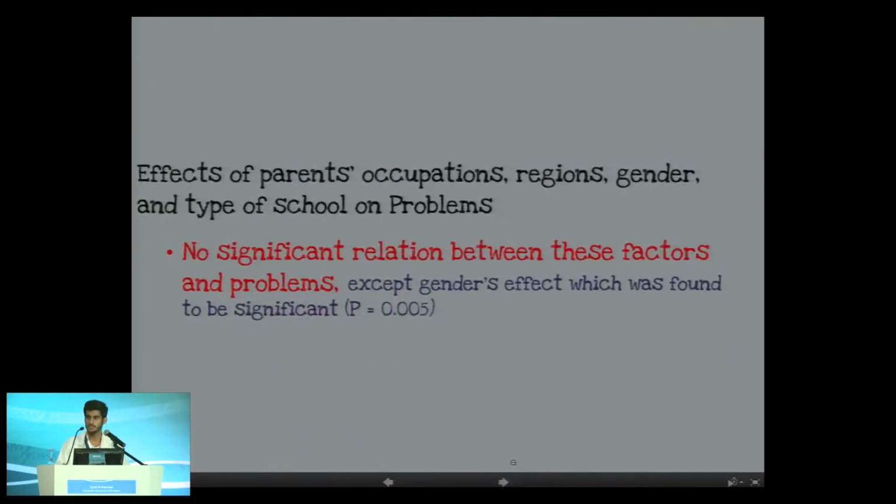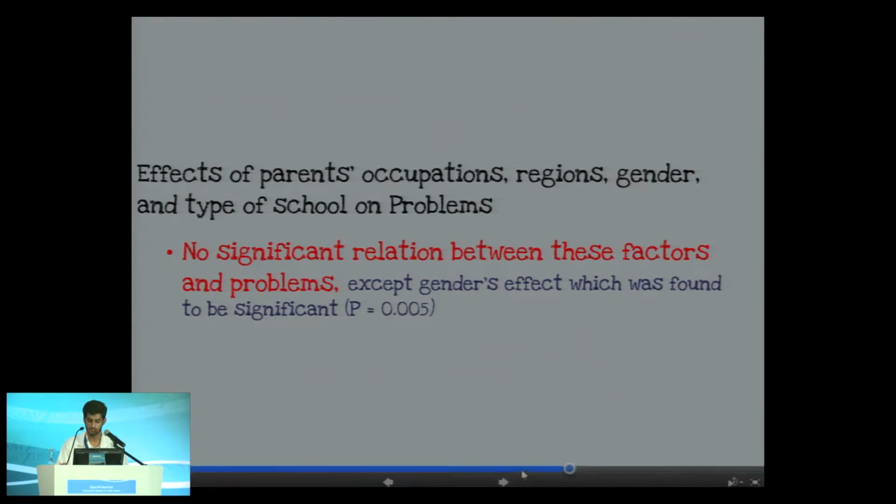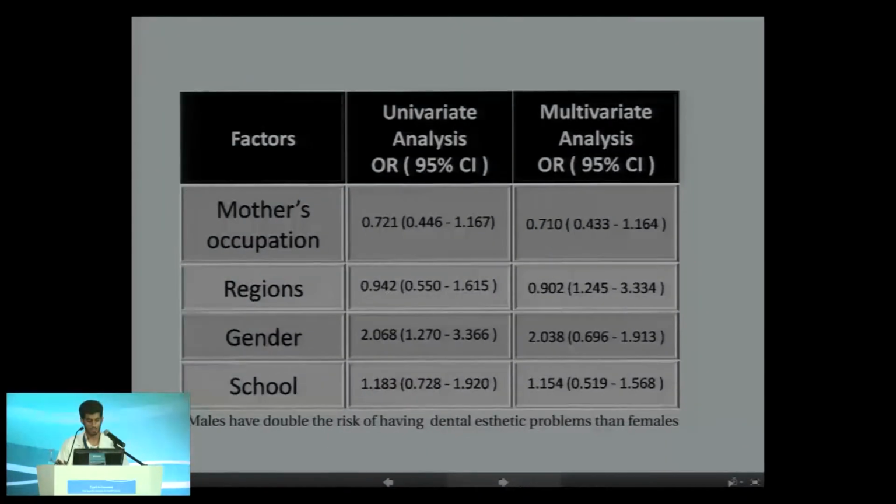And when we investigated the effect of region, gender, and type of school on problems, we found a significant relation between gender and the problems, which says that males have double the risk of having dental problems than females, and these are my statistical tests.